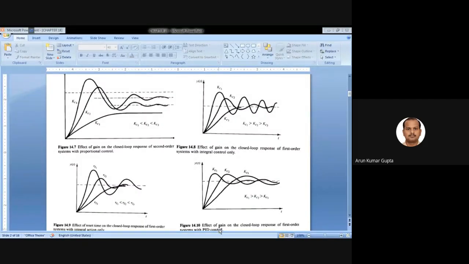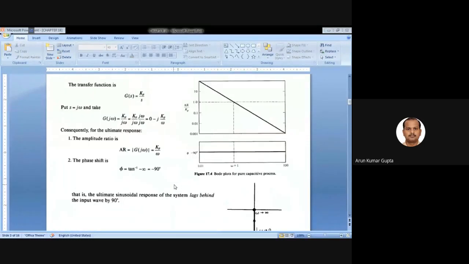So in PID you can see the oscillations are very controlled, and a high Kc value gives a low response time or low rise time, so you will achieve the response very fast. So these are a few examples of changing the behavior of Kc. Depending upon the Kc value, you can see the behavior of the control system.